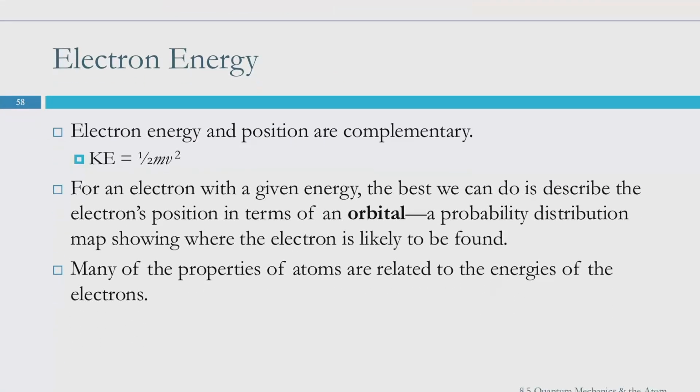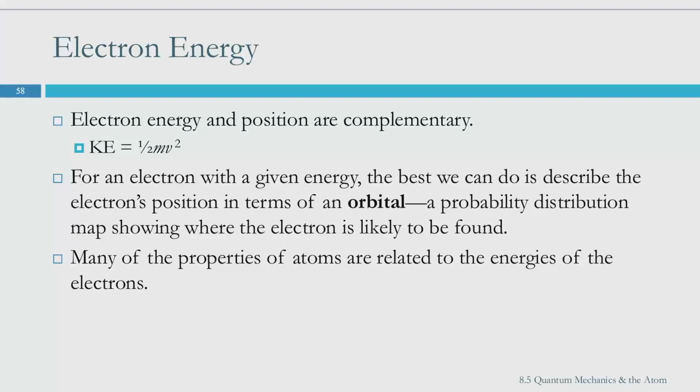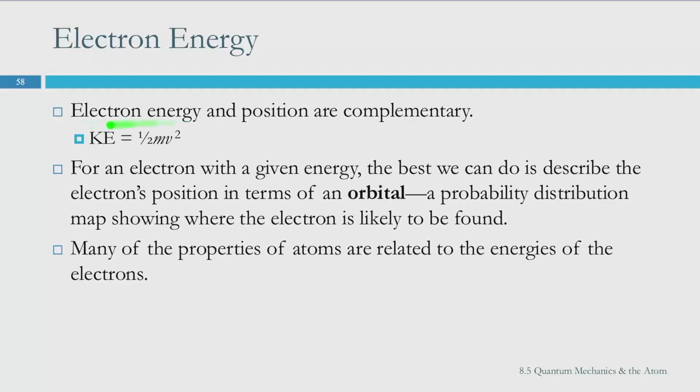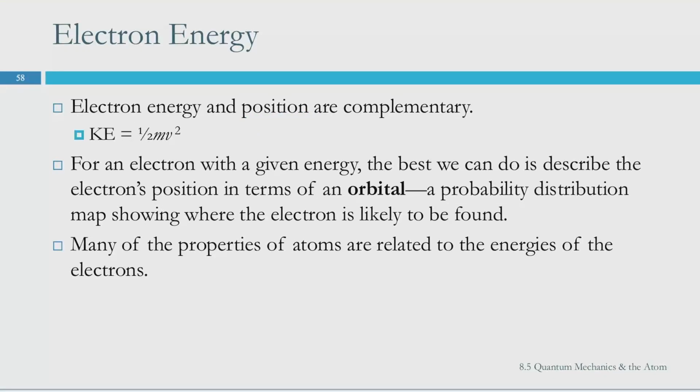Okay, so knowing position and knowing velocity, we can know one or the other with a high degree of certainty. Electron energy is related to velocity, and position is complementary. For an electron with a given amount of energy, the best we can do is describe the electron's position in terms of an orbital.